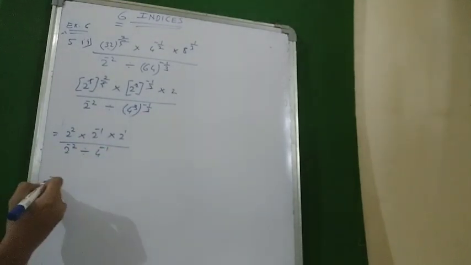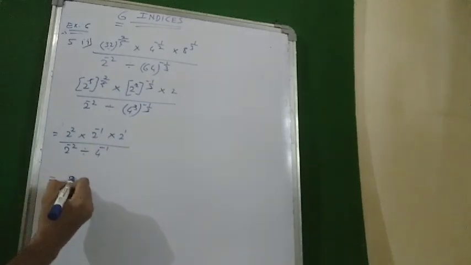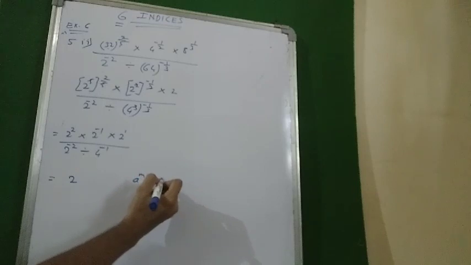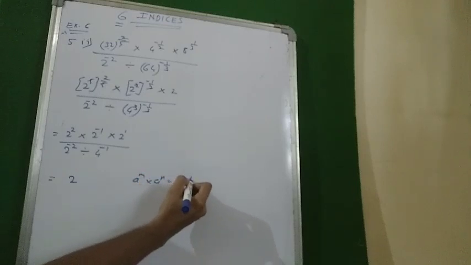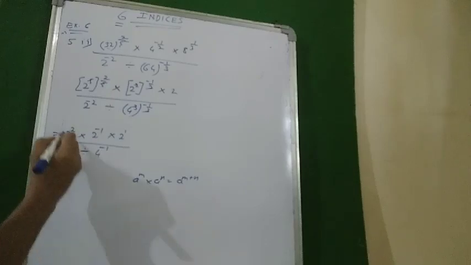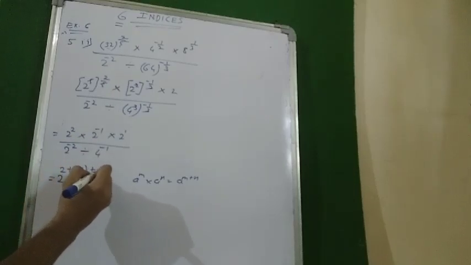Pay attention properly. Okay, we have all the multiplication signs in the numerator, so I can write the formula of a raised to m multiplied by a raised to n is equal to a raised to m plus n. So it is 2 raised to 2 plus minus 1 plus 1.